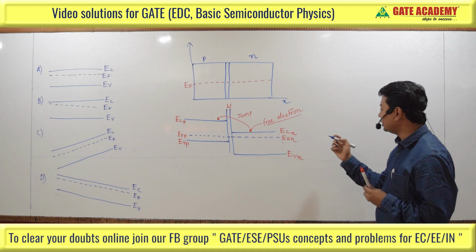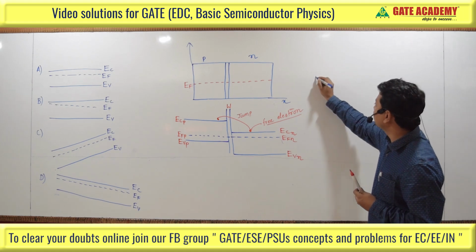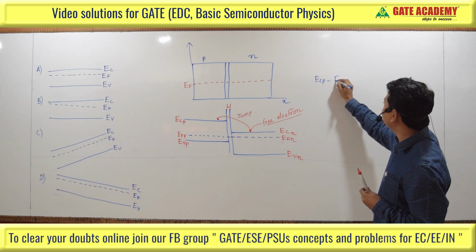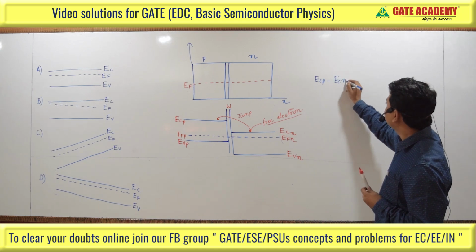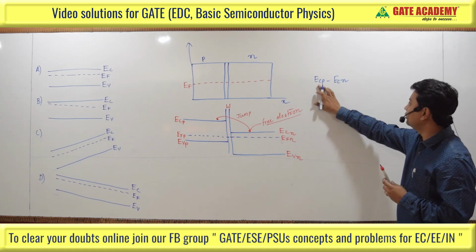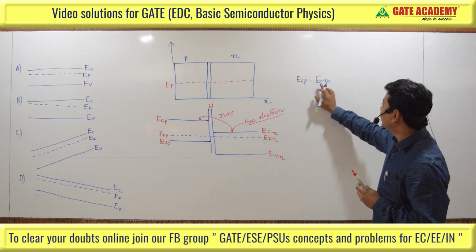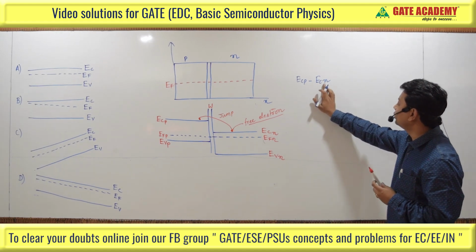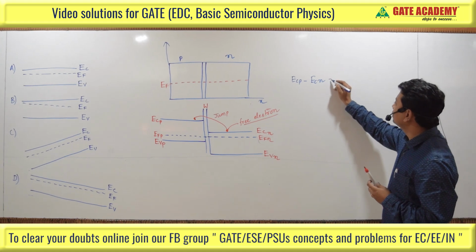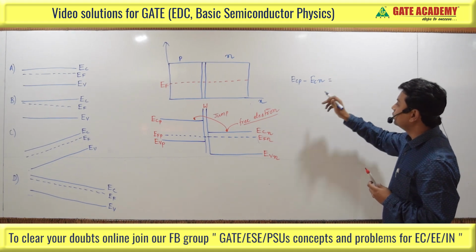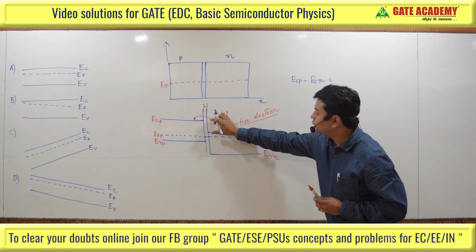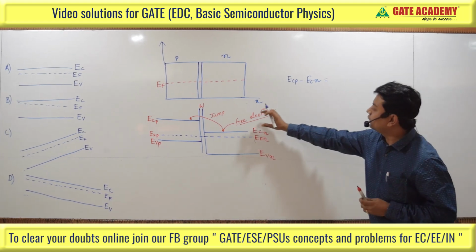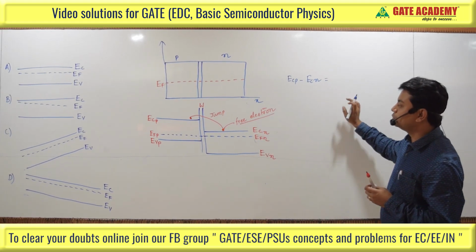So the energy difference can be represented by ECP minus ECN. That is the lowest energy level of the conduction band on the P side minus the lowest energy level of the conduction band on the N side, and this is equal to the difference between these two energy levels, which is known as the contact difference of potential, also known as the built-in potential.